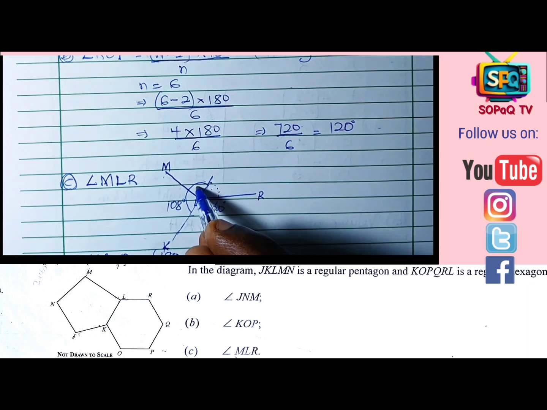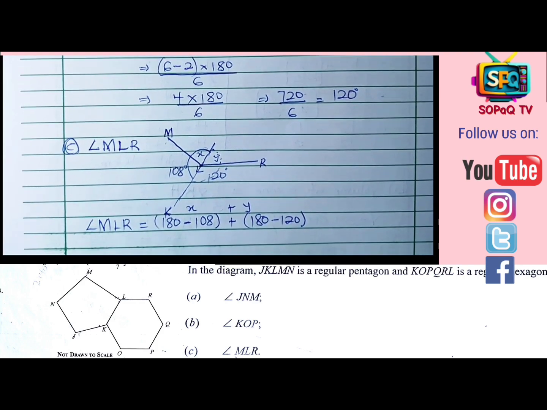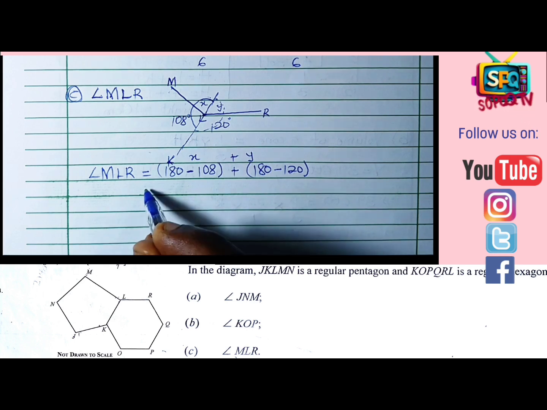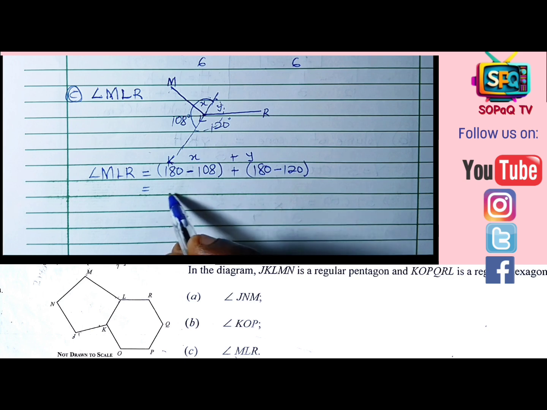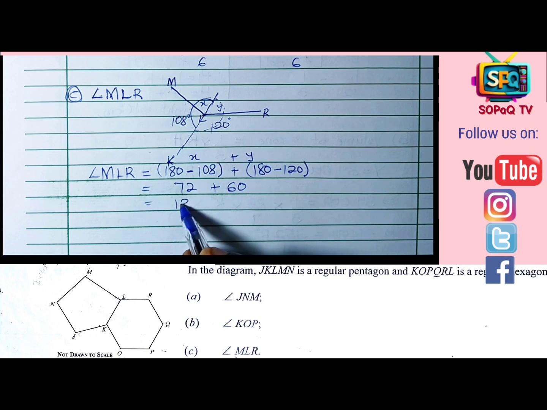For us to get this side, let me say X and this one Y. So when X and Y are added together, our Y can also be expressed as 180 minus 120. Yeah, that's a clear display. We end up getting 72 plus 60, and that will give us 132 degrees.